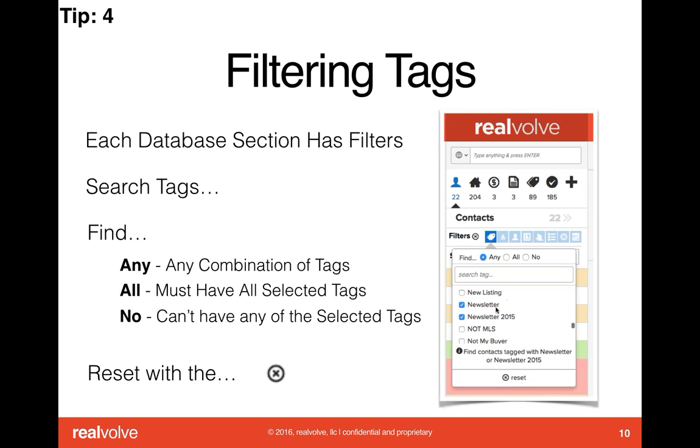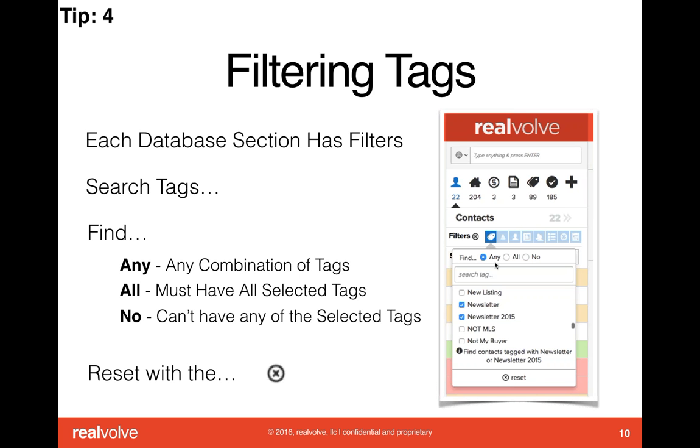Now, in order to differentiate those, we've got three options up here at the top. We've got an any, an all, or a no. And the difference is, and it's an important distinction, some people if they're more technical, they may understand ORing and ANDing. I want to say anybody that's newsletter or newsletter 2015.